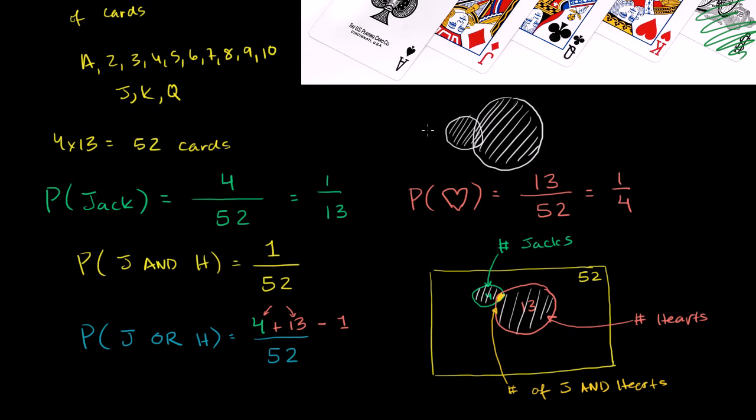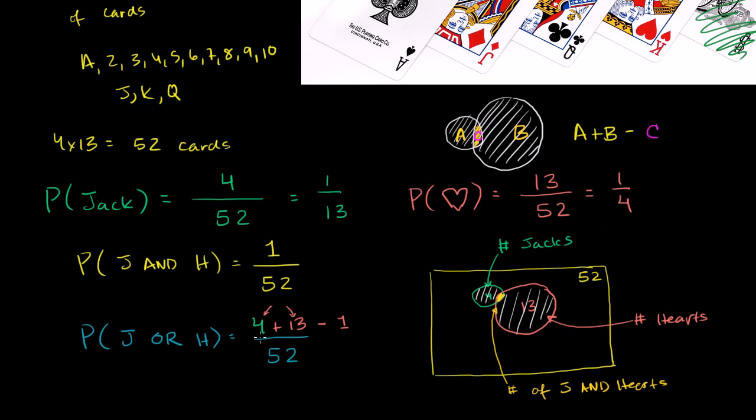But when you do that, you're counting this area twice. So in order to only count that area once, you have to subtract that area from the sum. If this area is A, this area is B, and the intersection where they overlap is C, the combined area is going to be A plus B minus C.